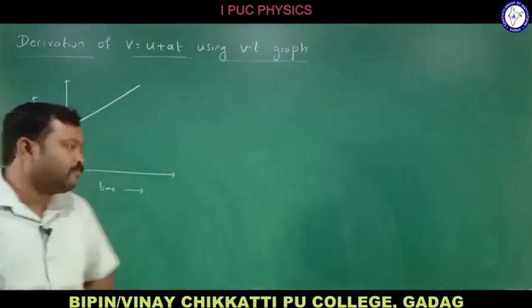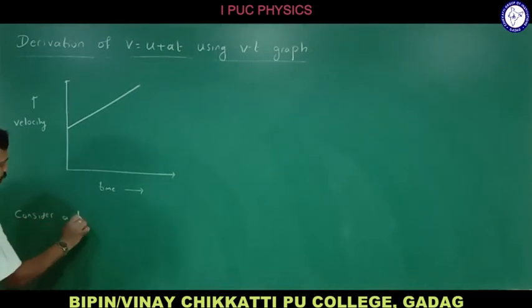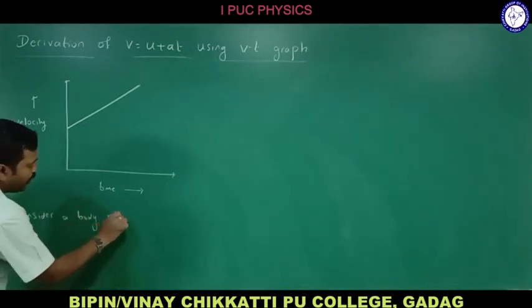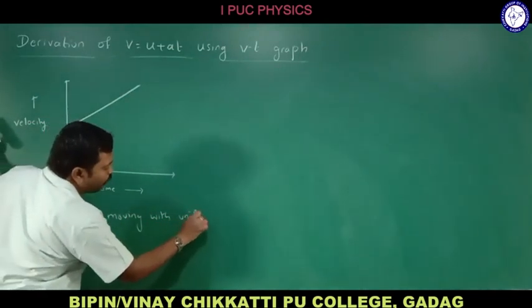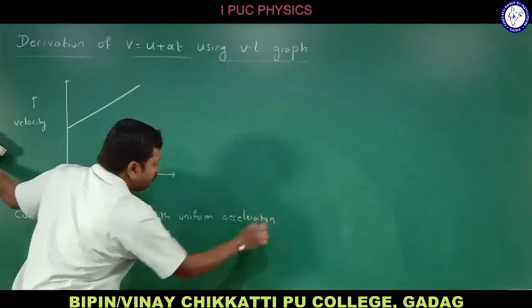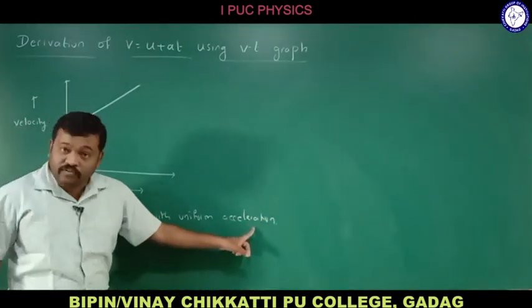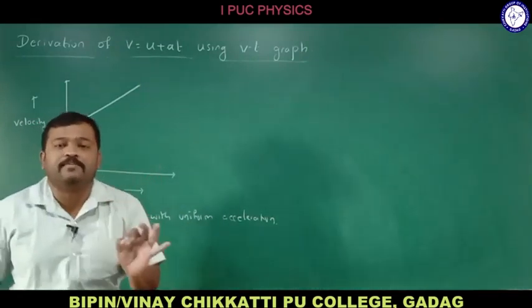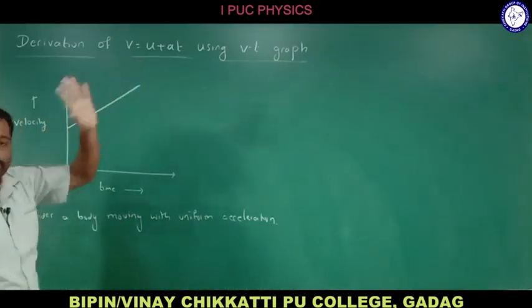Let me write about this. Consider a body moving with uniform acceleration. Do remember, whenever a body is moving with uniform acceleration, then only kinematic equations can be applied, and we are deriving the first kinematic equation, that is v is equal to u plus at.